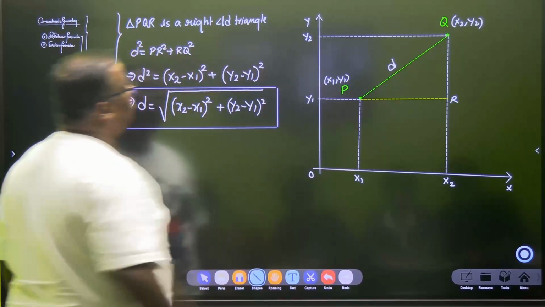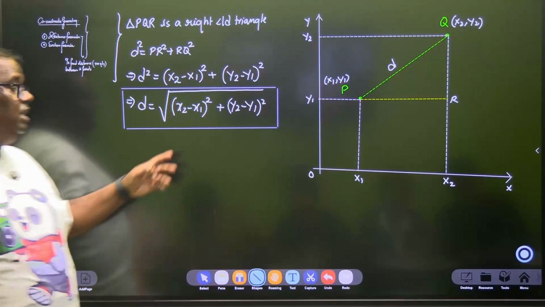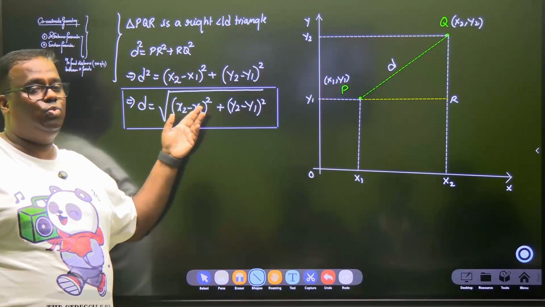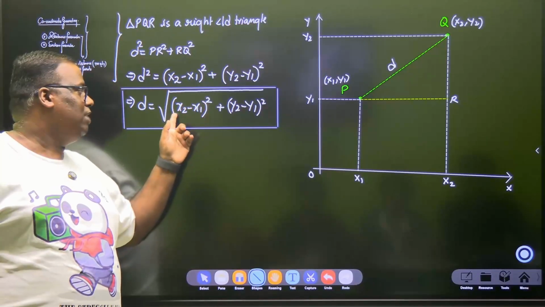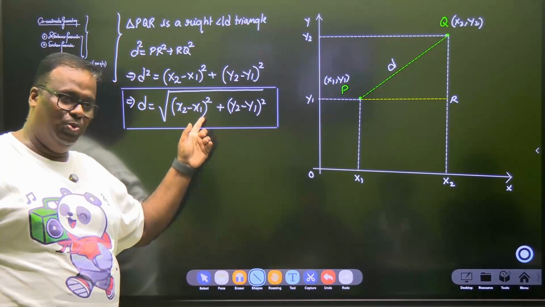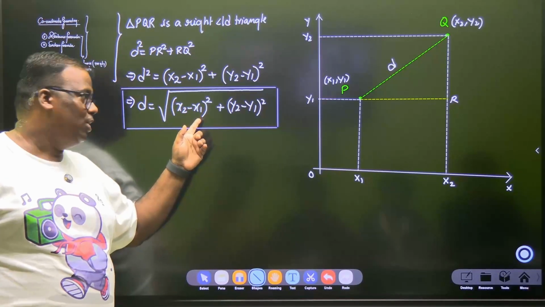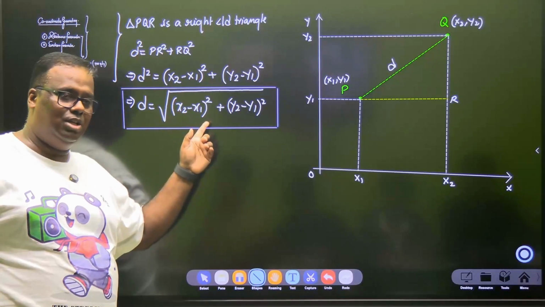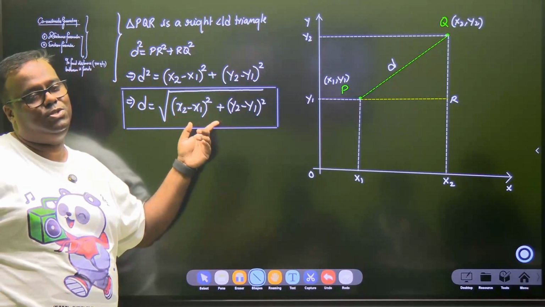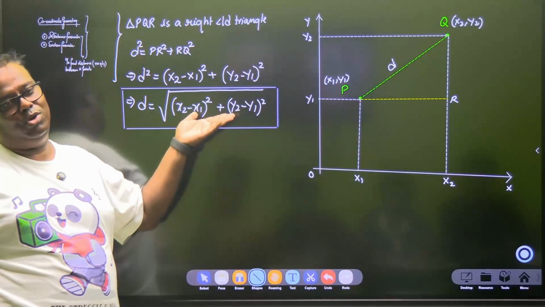by heart. Now, a couple of questions come up. Sir, in the exam, I did x1 minus x2. No problem. This is a square. 5 minus 3 is 2, 2 square is 4. 3 minus 5 is minus 2, minus 2 square is also equal to 4.